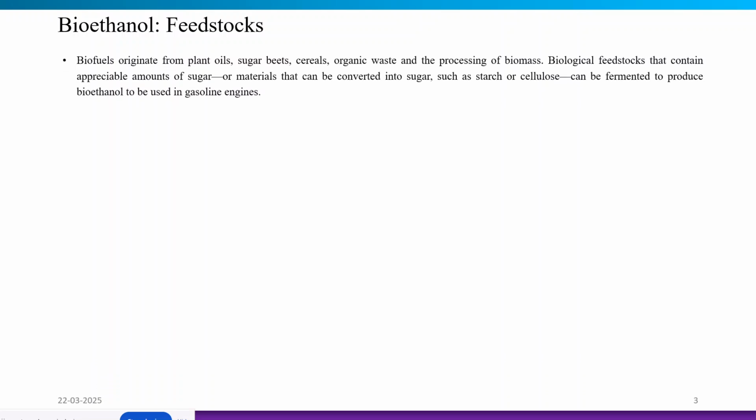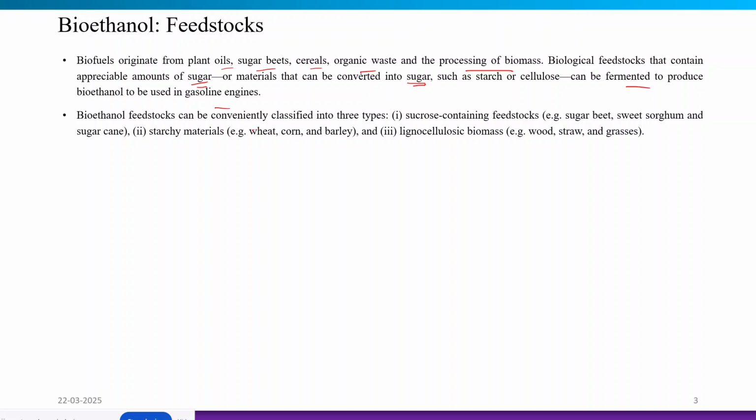That is biofuel originating from various organic waste, sugar beet, cereal, corn, rice and similar things through processing of the biomass. This biological feedstock contains an appreciable amount of sugar, which is our main concern, or other materials that can be converted into simple sugars, such as starch or cellulose, that can be fermented further to produce the bioethanol that can be used in the gasoline engine.